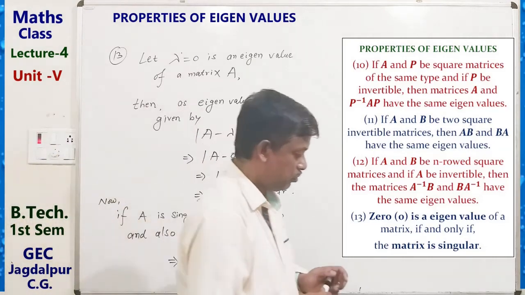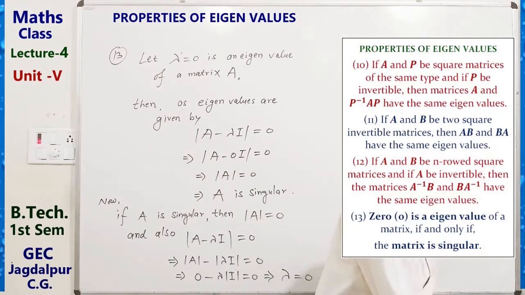So this is the proof of the properties of eigenvalues.